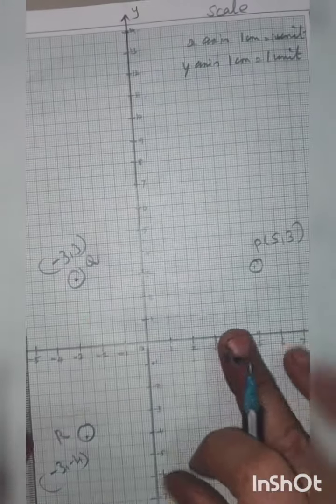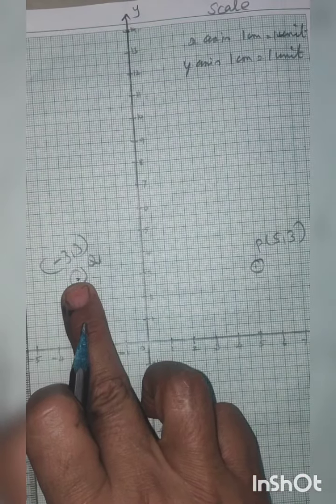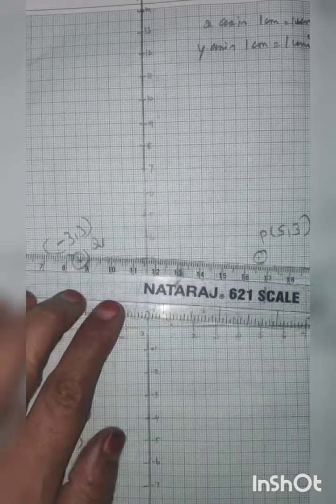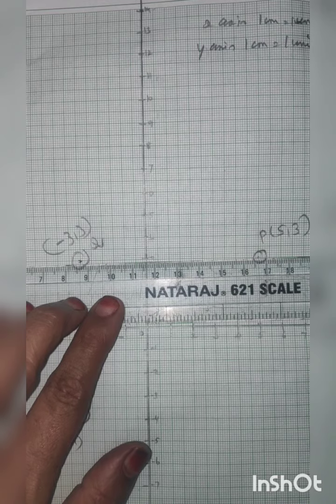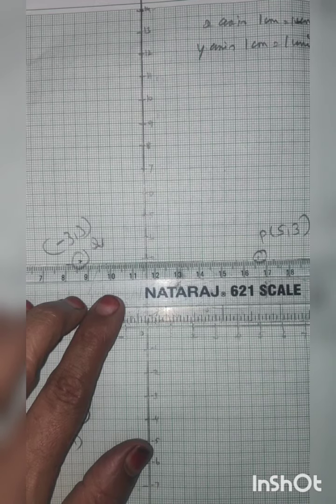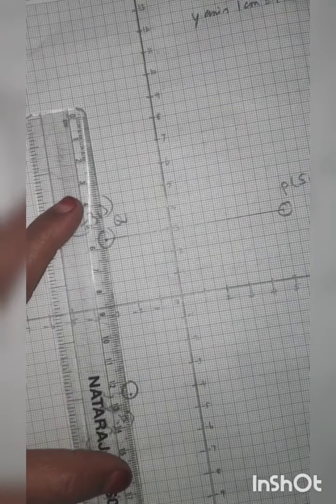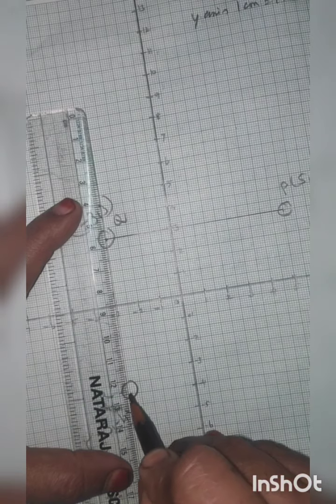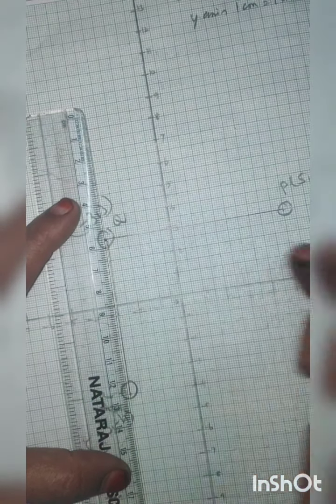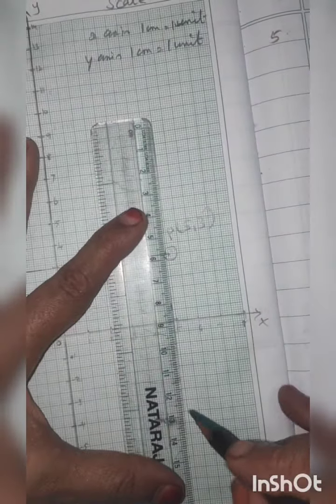Now the S point. What is a rectangle? Parallel sides are equal. First you join P and Q. Next Q and R. This parallel side you also join here.